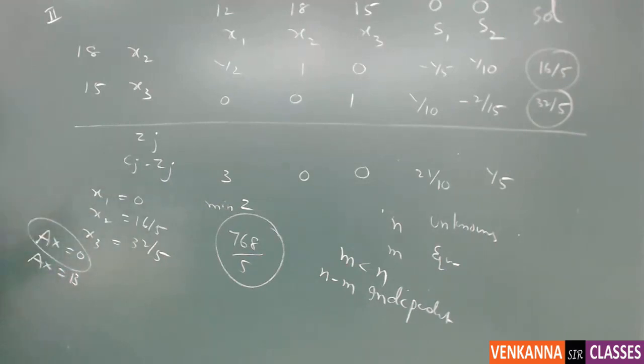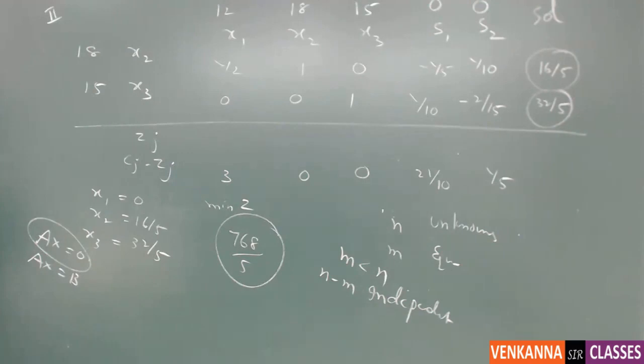So x1 is 0 here. Or there you are going to take x1 as a constant, k. Fine. So you simply understand that if you have values for the two variables, it is okay. The third variable will be treated as 0. That's all. You just understand like that.